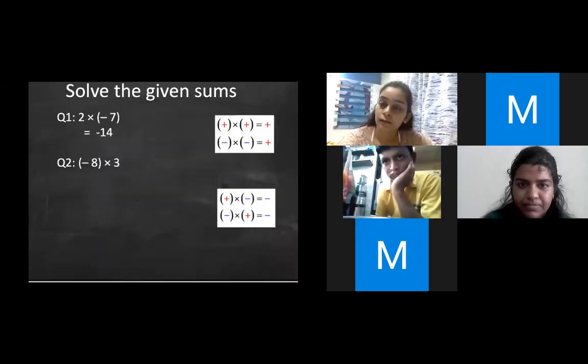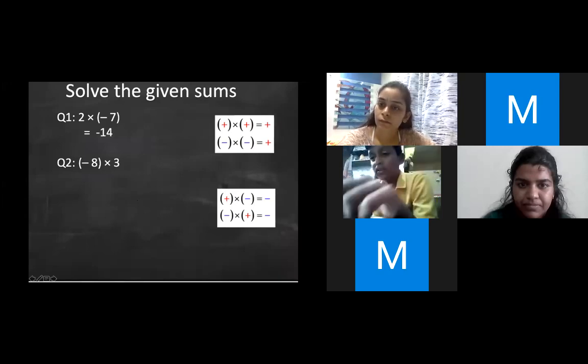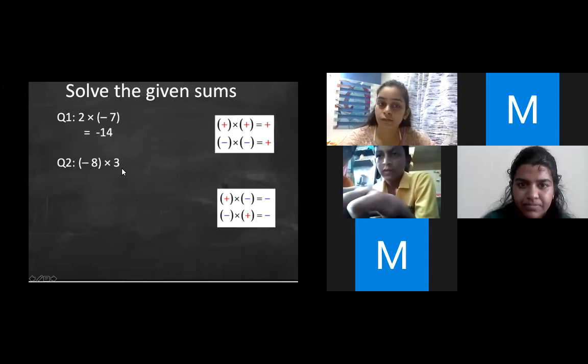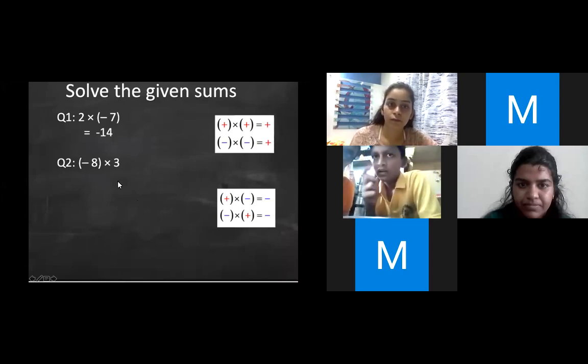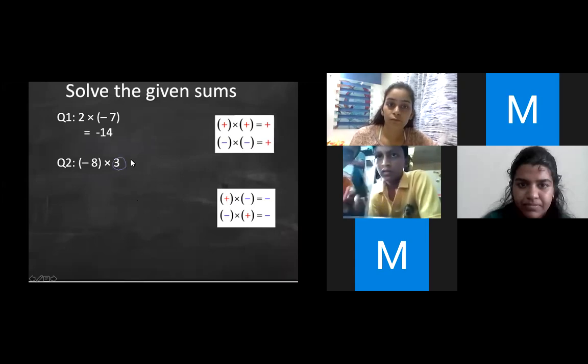Can you tell me, are the signs same or are they different in this question for 8 and 3? Minus sign, teacher. Minus sign, and what is the sign in front of 3? Faisal, in front of 3, there is no sign. If there is no sign in front of a number, you always assume that this is a positive number.